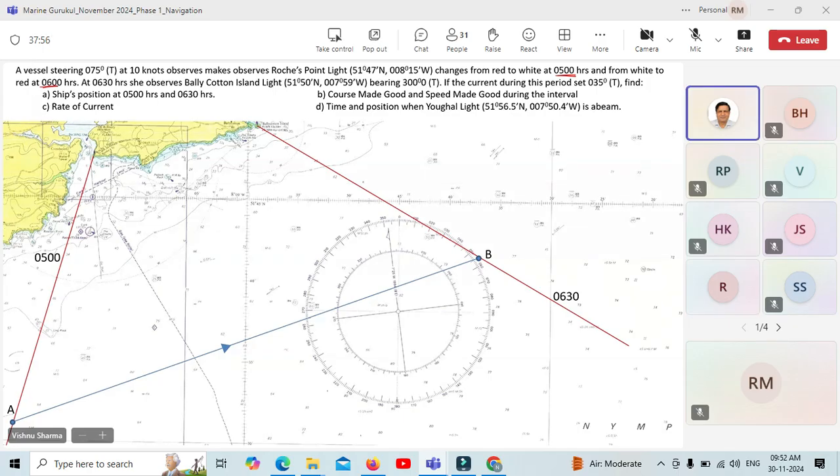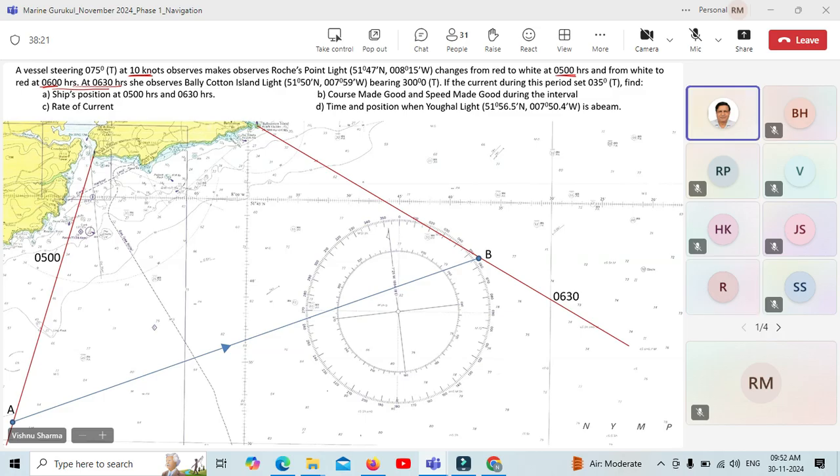And interval between second and the third PL is half an hour, 6 o'clock and 6:30. Okay. So you will find out how much will be the engine distance done in the interval between first and second PL. It's 1 hour. Engine speed is 10 knots. So engine distance will be 10 miles.